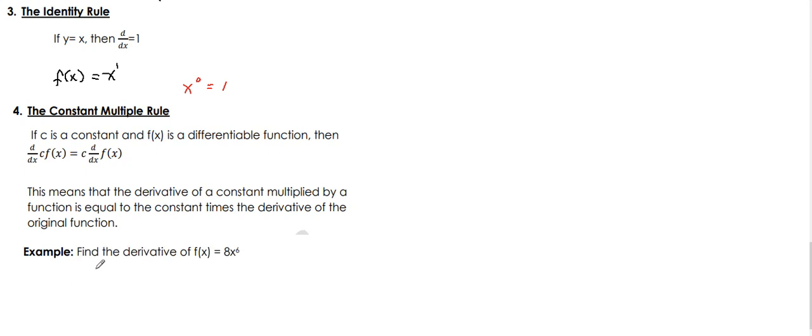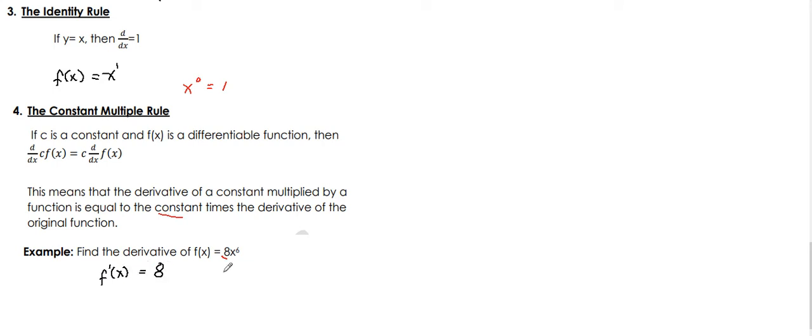Example, we have find the derivative of f of x equals 8x raised to 6. So as you can see here, our constant is 8. Okay? And our function is x raised to 6. Alright? So ang sabi dito, we are just going to get the constant times the derivative of the original function. Okay? So, we have f prime of x is equal to 8.